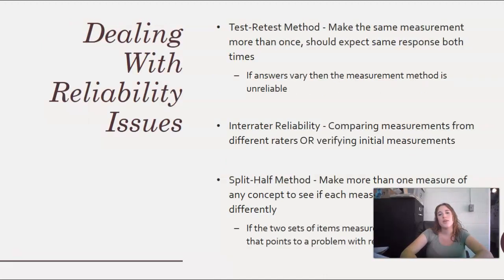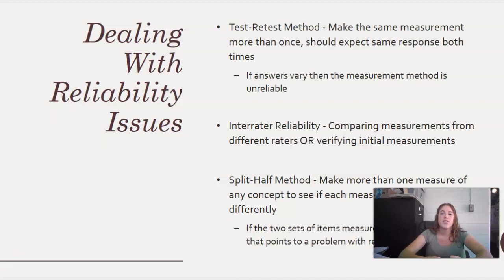Some ways to deal with problems with reliability are things like the test-retest method. This is where we take the same measurement more than once from the same person, and unless we have reason to believe that there should be a difference, we should expect the same response both times. If the answers vary, then the measurement method is not considered reliable.